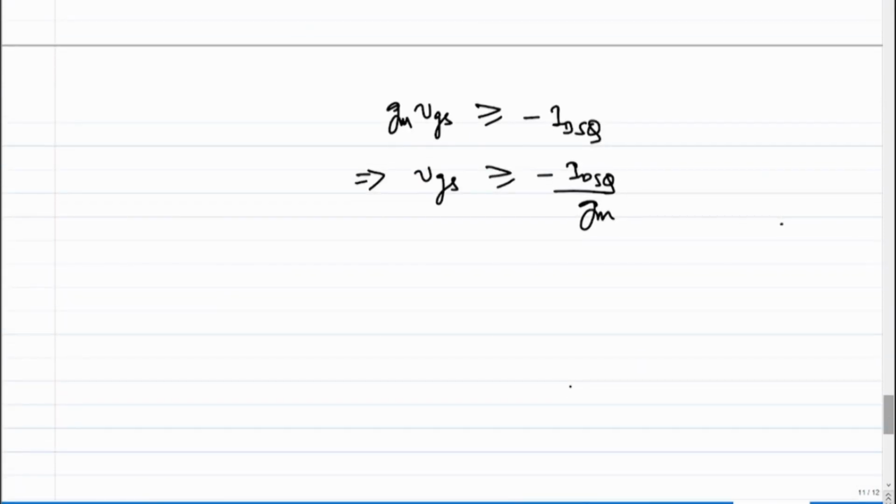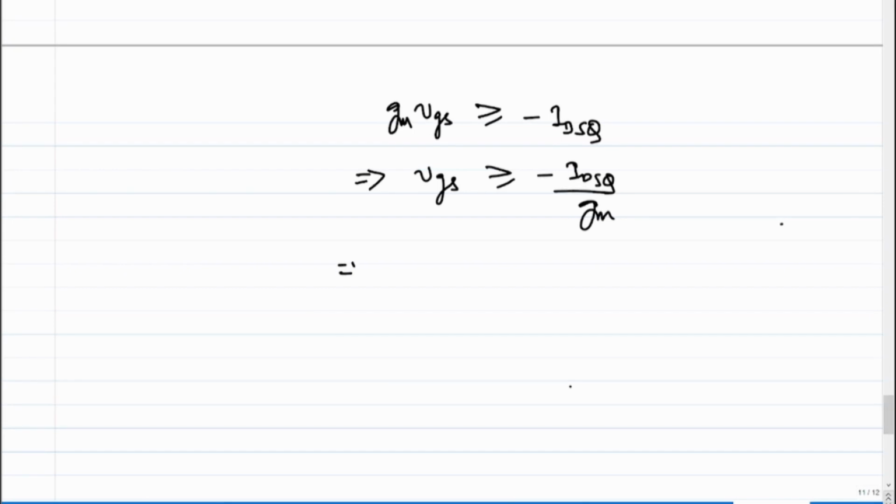Now note that in our case, what is VGS? VGS is a sinusoid which is going up in one half cycle and going down in another half cycle. And for the cutoff condition, only when the negative peak appears, when VGS is equal to minus VP, will we end up with the issue with the cutoff condition, right?